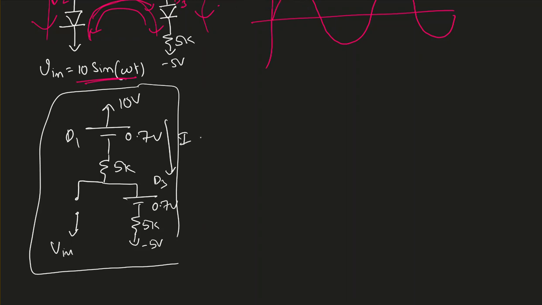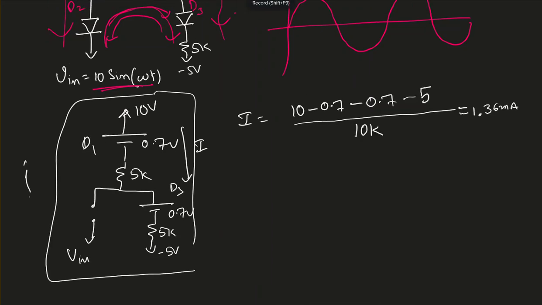Now assuming that's the current passing through those two diodes, I'm using KVL: 10 volts minus 0.7, another minus 0.7, minus of minus 5, divided by 5k plus 5k, 10 kilo.